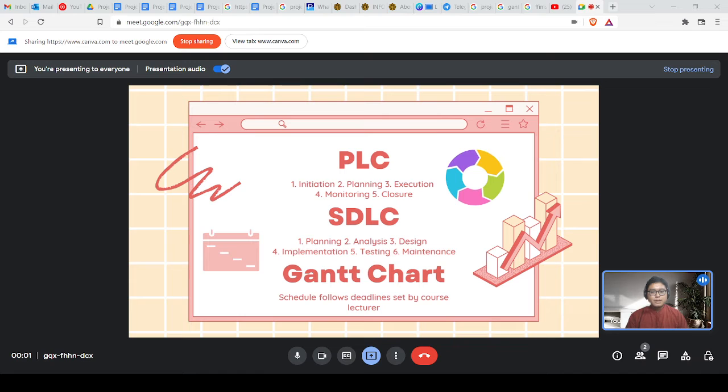So with planning, what we did was we started distributing the tasks, whether who will go to gather the requirements and who will prepare the documentation. So this is basically most of what we did for the rest of the cycle.